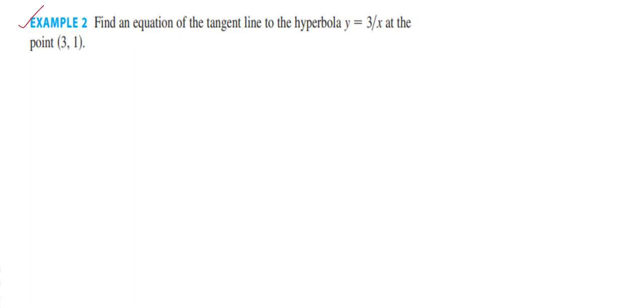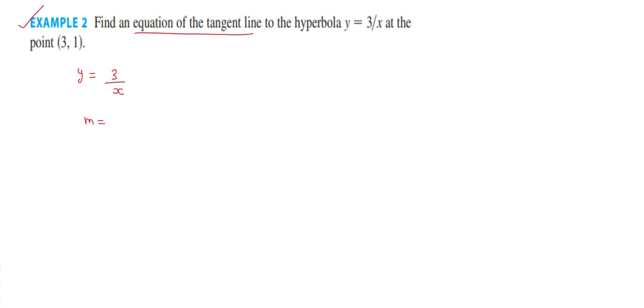Here we have to find the equation of the tangent line to the hyperbola y equal to 3 by x at the point (3, 1). So we know the function is y equal to 3 by x. For finding the equation of a tangent line, first we need to know the slope.